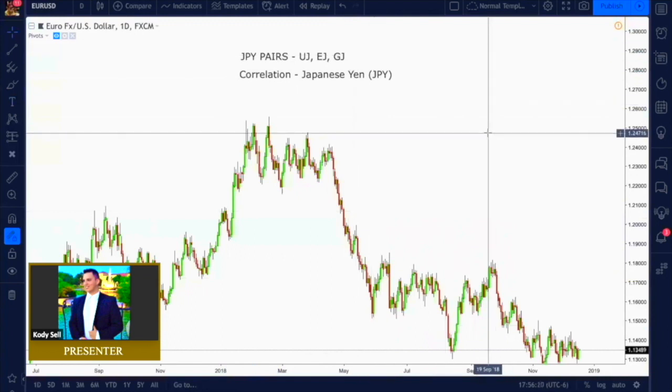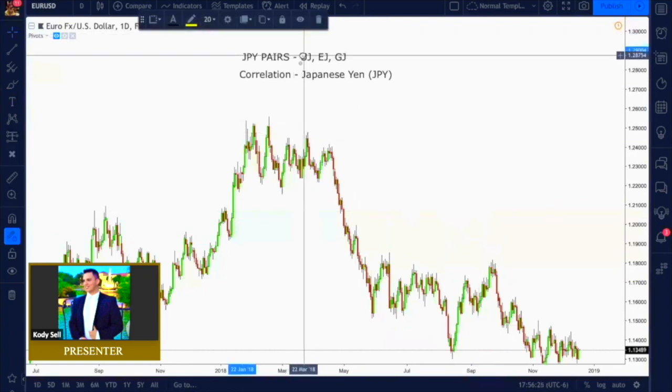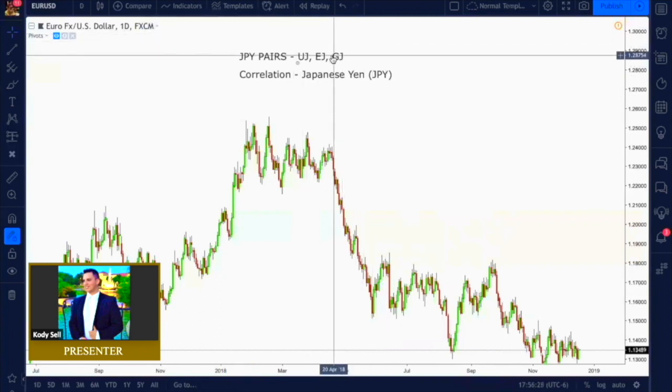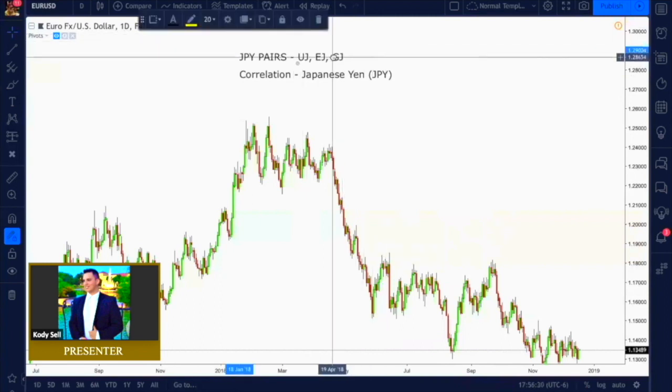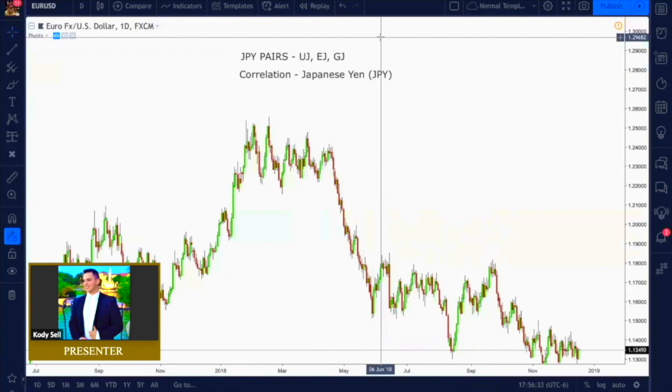There's lots of reasons why you may want to single in on a particular currency. So now we're going to pull up these three major yen currency pairs to decide which one has the best trading opportunity for us, because it doesn't make any sense to go take a sell trade on UJ.